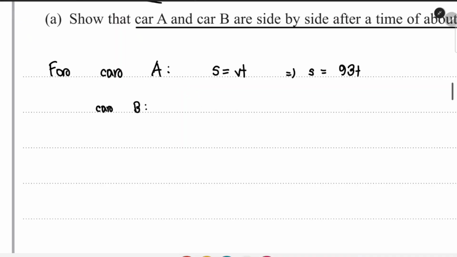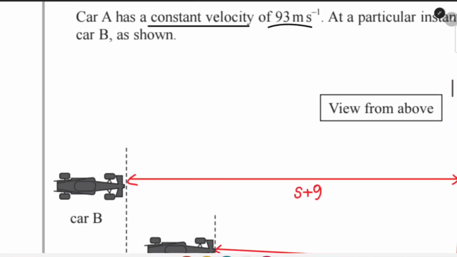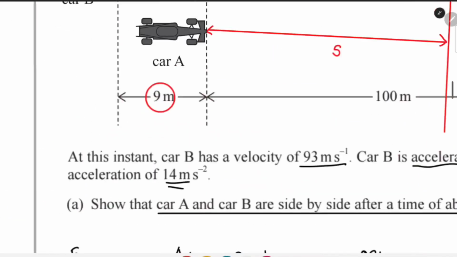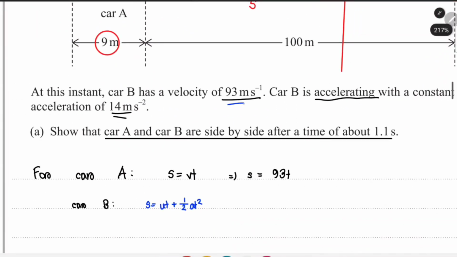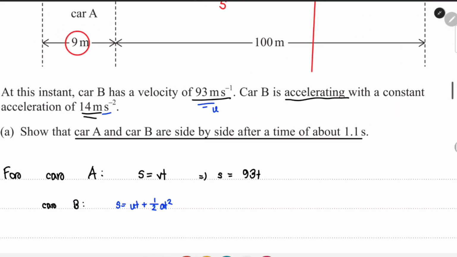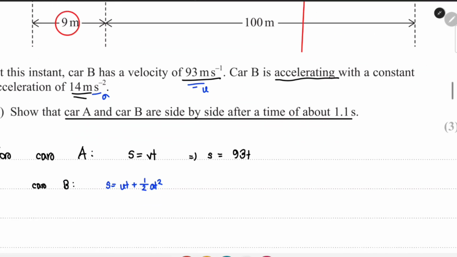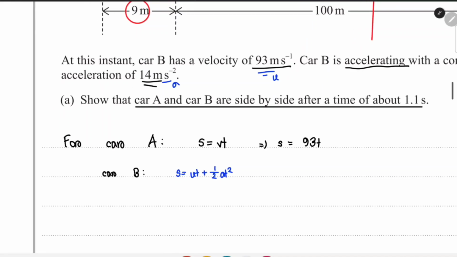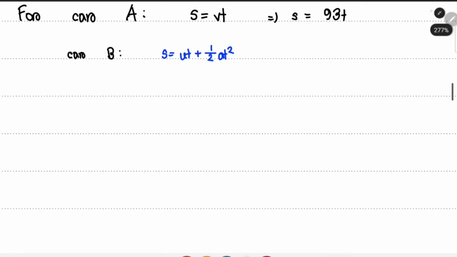So basically we'll use the formula s equals ut plus half at squared. We'll use this because we know the initial velocity of car B, 93. This is the initial velocity. We know the acceleration. We have an idea about the distance, that it's 9 meters more than car A, and we need to find out time. We don't have the final velocity, so we'll use this.